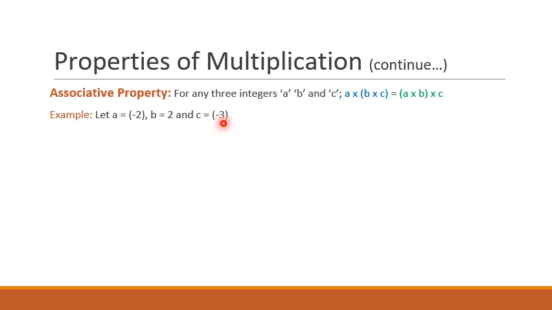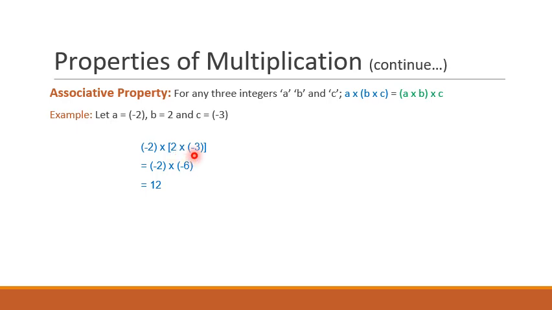So let's first take the left hand side, a multiplied by the product of b and c. So here -2 multiplied by 2 multiplied by -3. First we will multiply the numbers which are in the bracket.